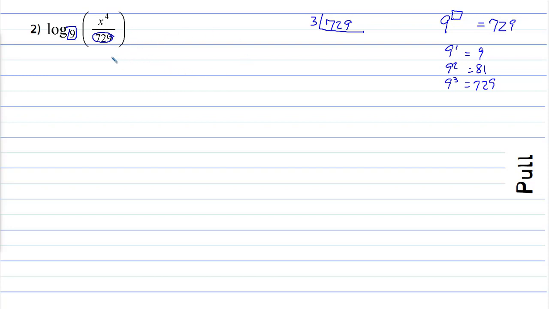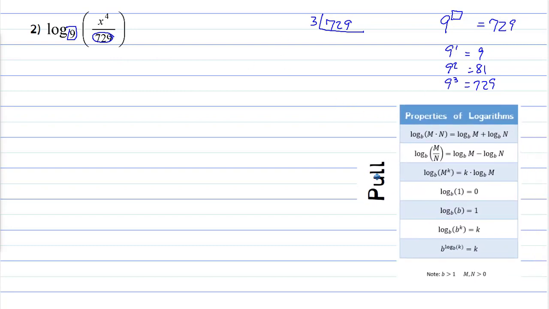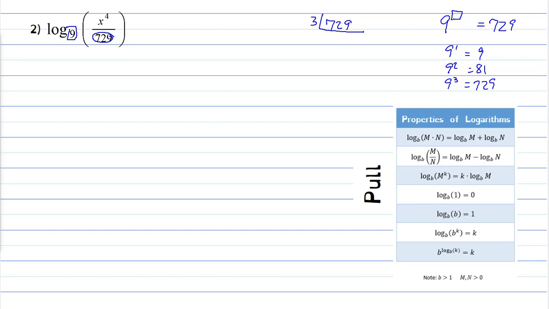Now, let's look at what rules we have to apply. So let me go ahead and rewrite this. x to the 4th over 9 to the 3rd.